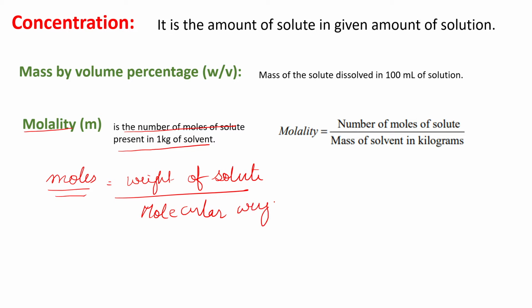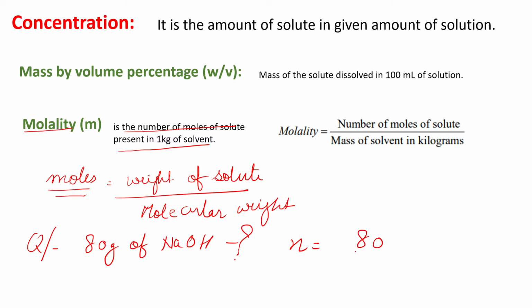So let's say, tell me if I have 80 gram of NaOH, what is the number of moles? Calculate the number of moles. Number of moles is the weight of solute, that is 80 gram, divided by molecular weight.